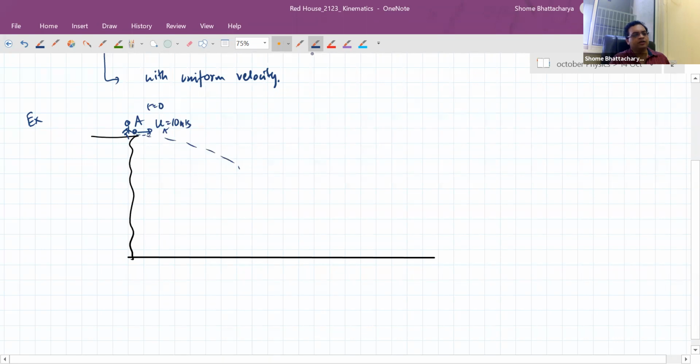And at the same point of time, another person over here projects another ball at an angle theta like this.